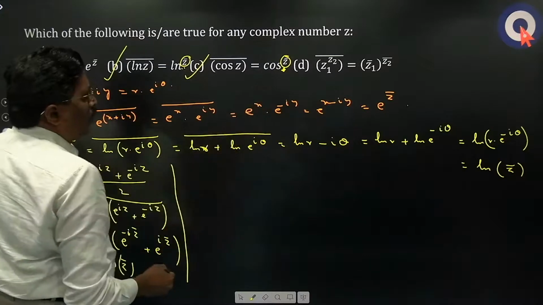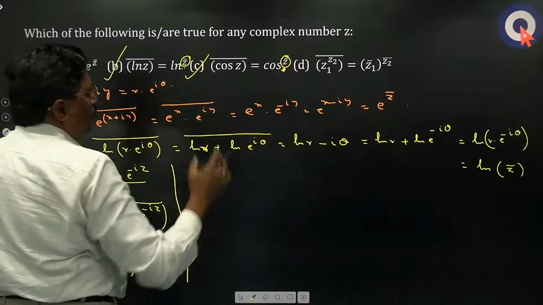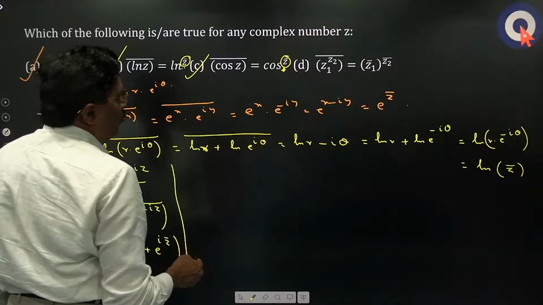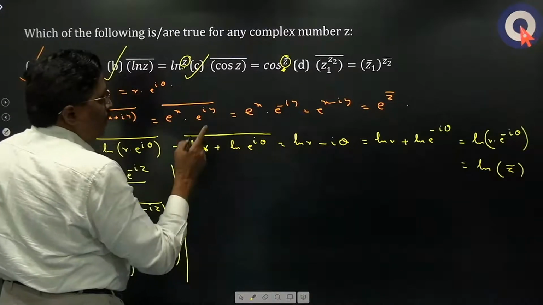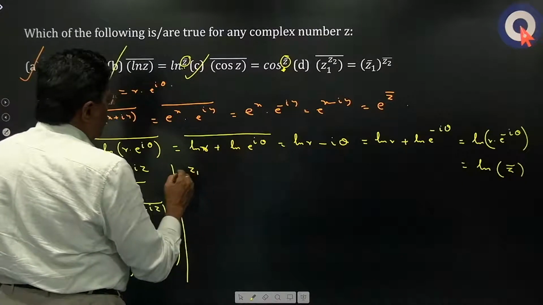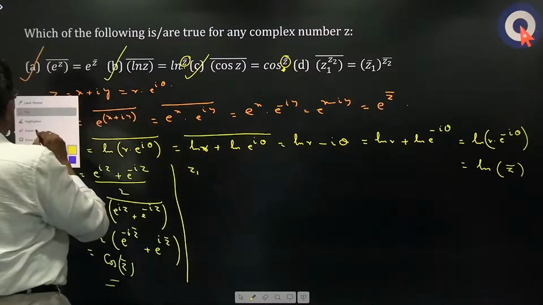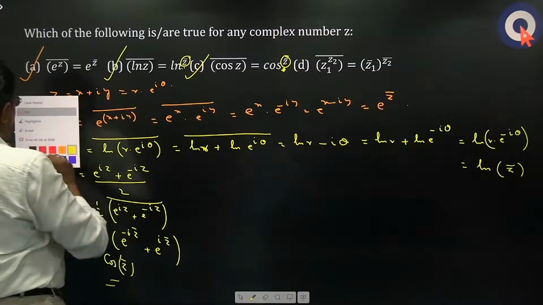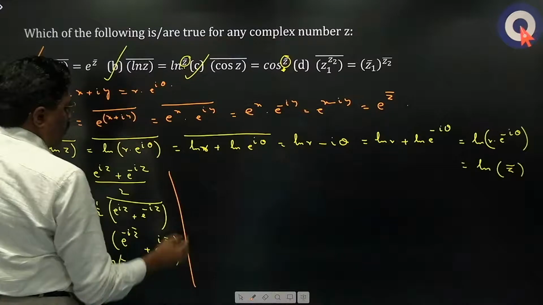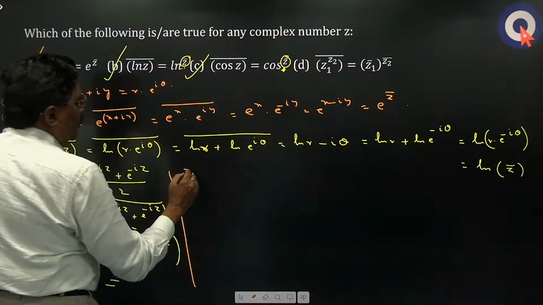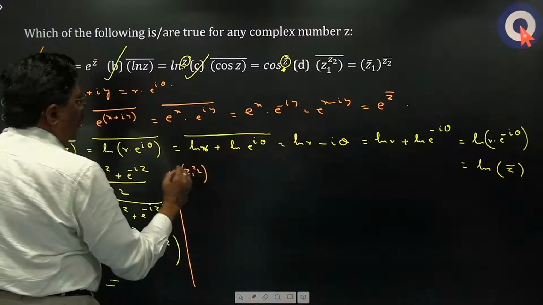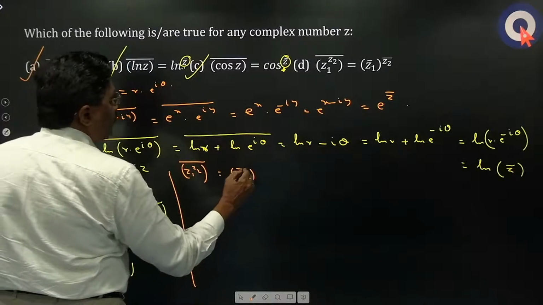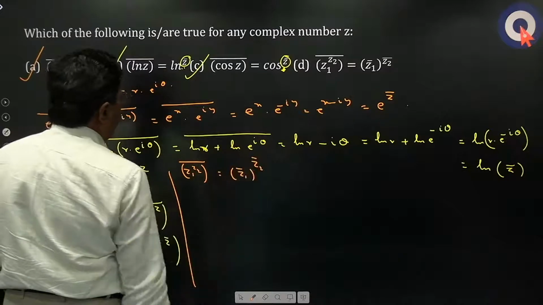Next, z1 power z2, that conjugate, option D. We have to prove that the conjugate of z1 to the power z2 is equal to z1 conjugate to the power z2 conjugate.